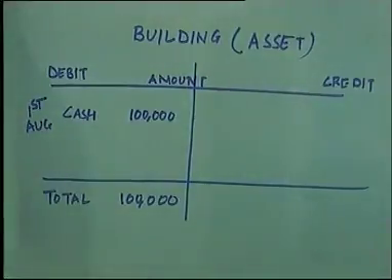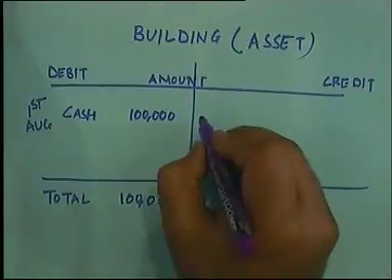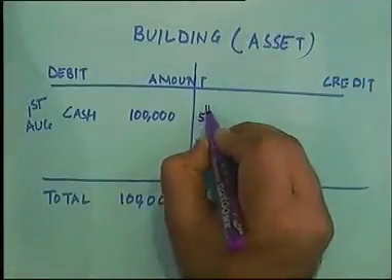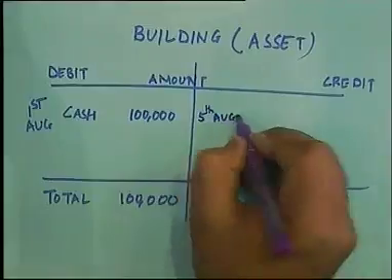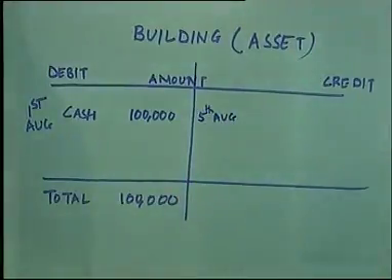The company purchased the building on 1st August for 100,000. Suppose the company has sold part of the building on 5th August for 50,000. How will you record this in this T account?